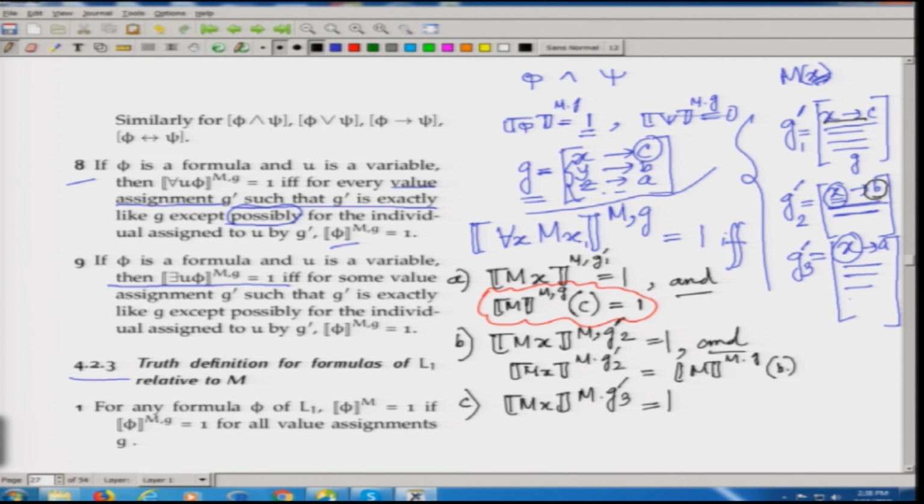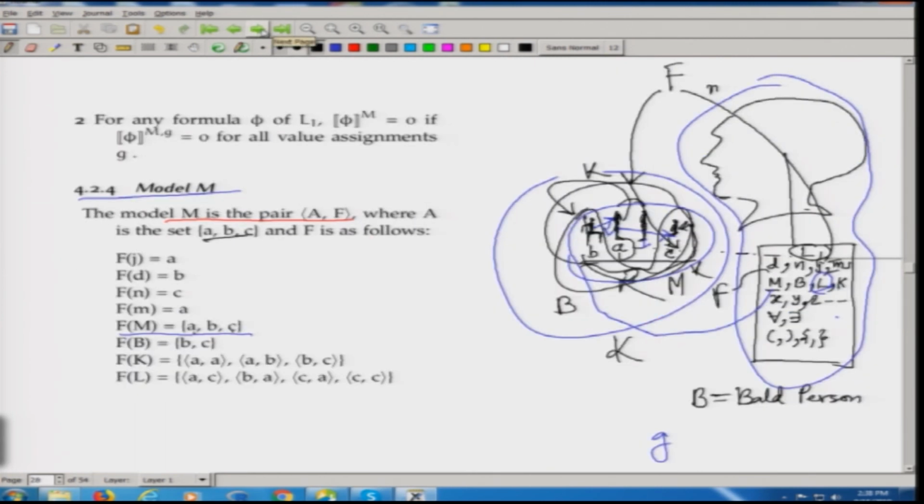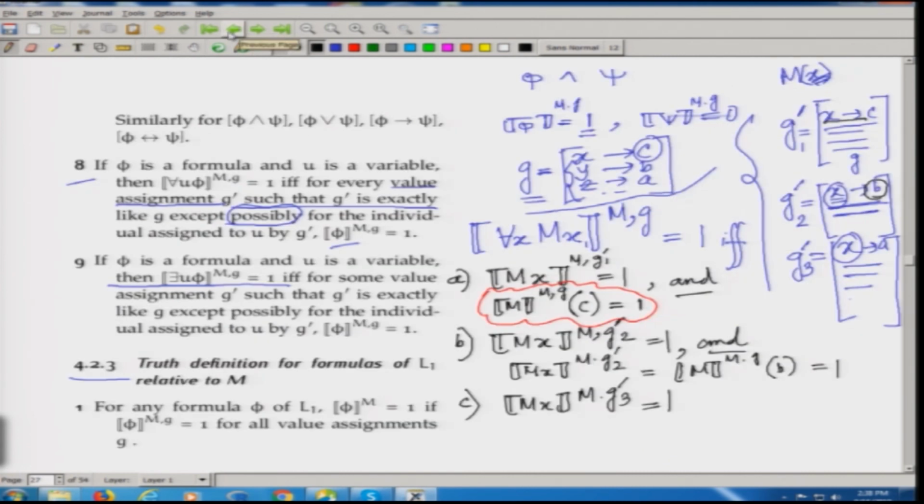B. G prime 2 gives b to our variable x, and since everything is part of it, you see, even b is part of it, c also is part of it, we have seen that. Because of that, this is also 1. So, this is once again the second checking case, and the third checking case, that is m with respect to mg gets a, this is g prime 3, this also is 1.